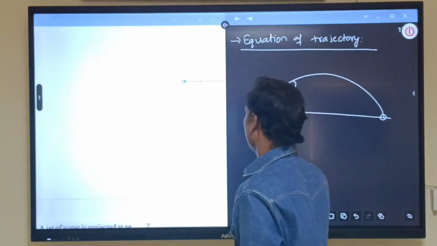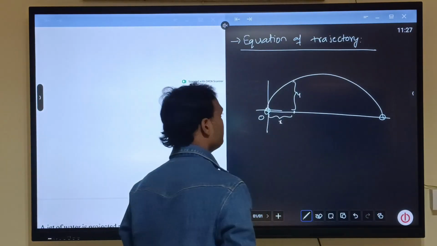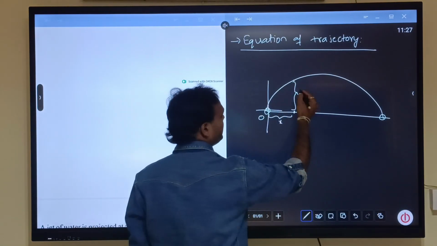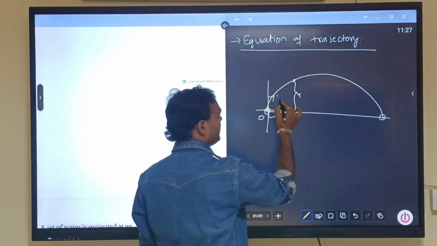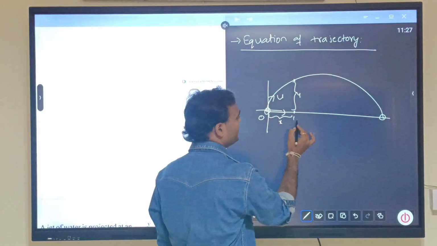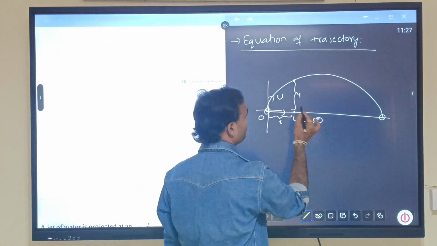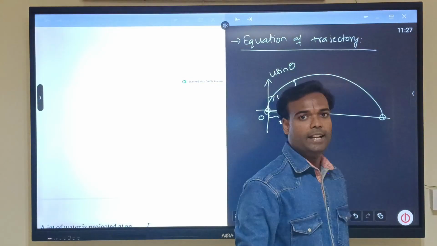From origin this point is moving in the forward direction and attaining a height y. Now initially let us assume initial velocity u, and this will be u cos theta on the x-axis, initial velocity on x-axis, u sin theta will be the initial velocity on the y-axis.